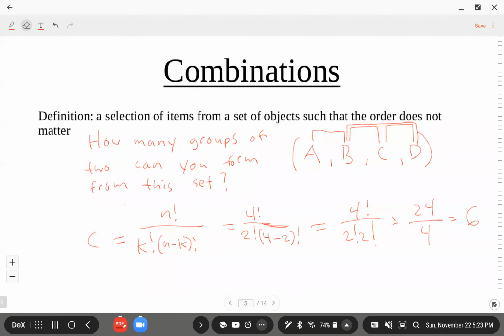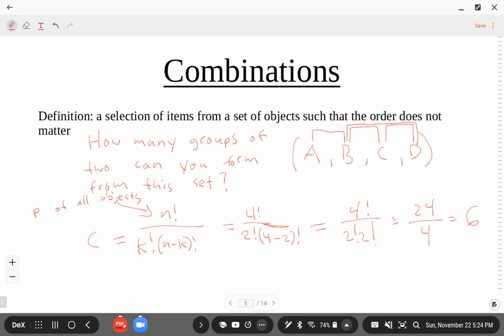Now, n factorial is the permutation of all objects. Permutation, that's a big word, so I'm just going to abbreviate it as P. For those taking notes, that might also be a good option: just abbreviate permutation as P. So the permutation of all objects, that is our n factorial on the top.